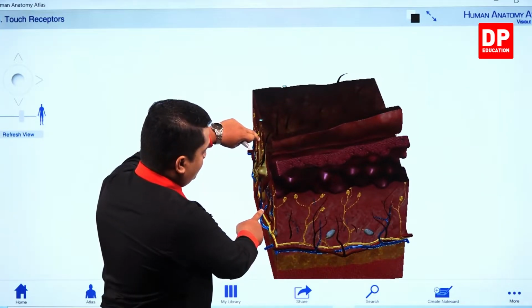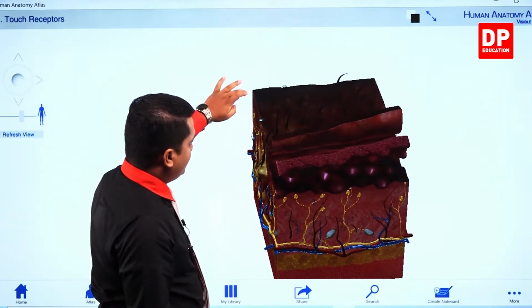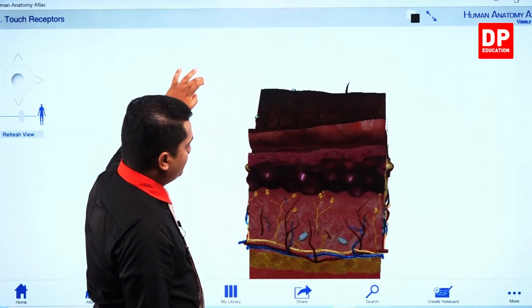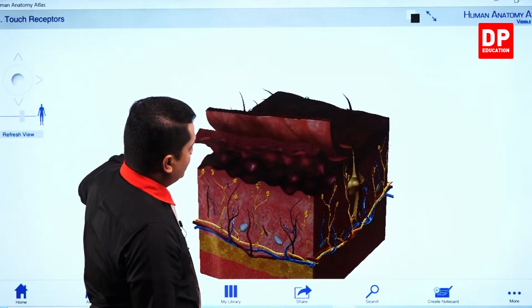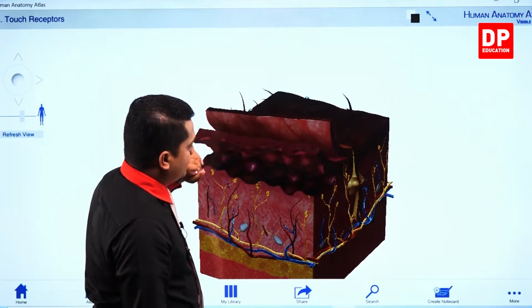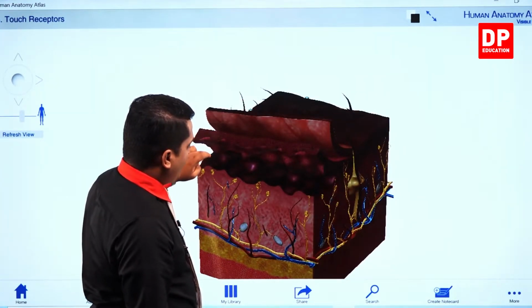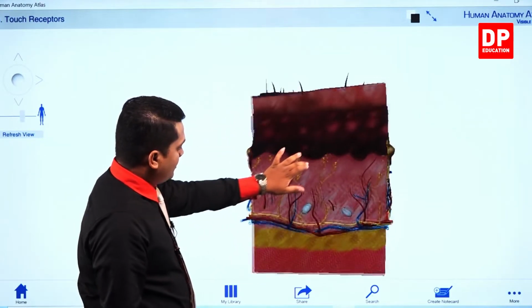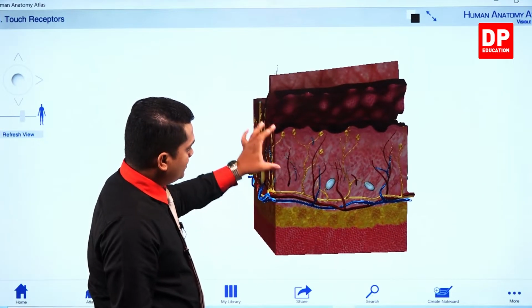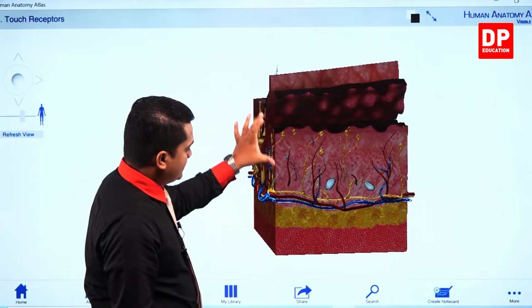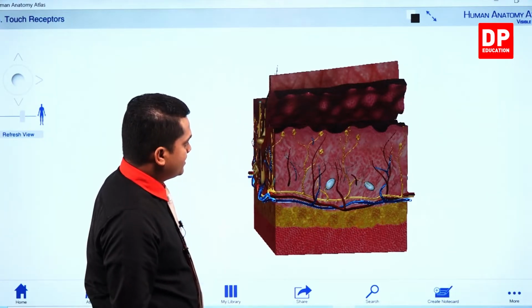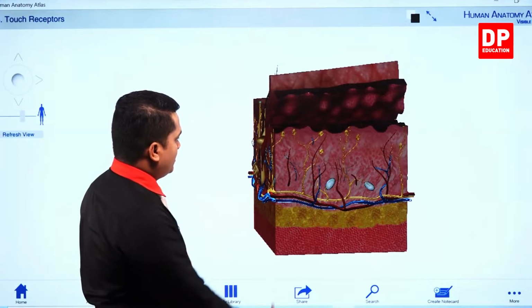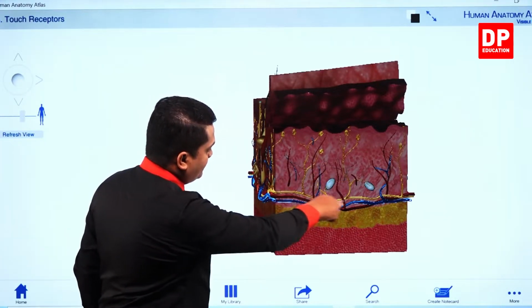Here you can observe the epidermis, and there are different cell layers within the epidermis, my dear children. Epidermis, the topmost layer of the skin. Then after that you can observe the dermis. This part is considered the dermis, right? Within the dermis you can observe the blood capillaries, which are running here.